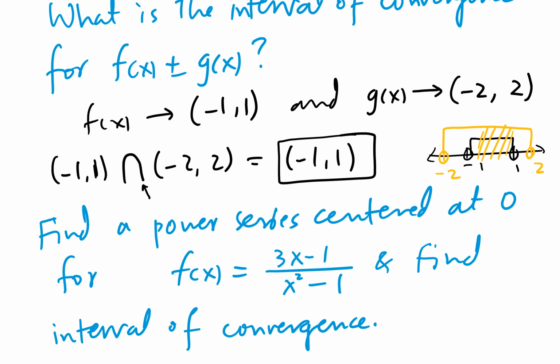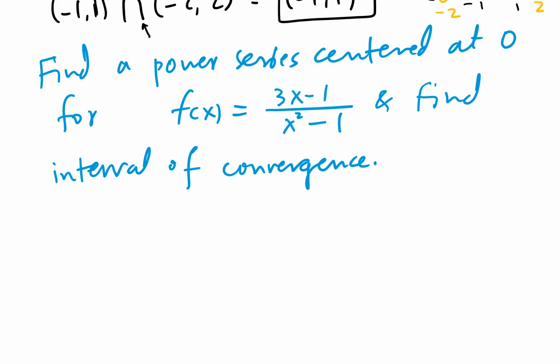What makes this look totally different from the stuff we've done in the past is that before we had just x on the top, we could take it out, or just x squared, or 1, or 8, take it out. But here we have 3x minus 1. And not only that, we have x squared minus 1 on the bottom. Of course, you can rewrite the denominator by taking a negative out, 1 minus x squared. But that's not my goal here.